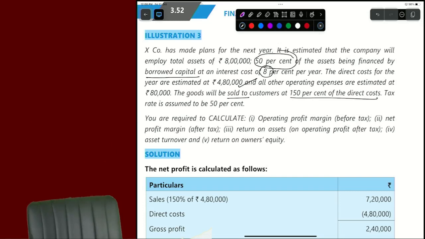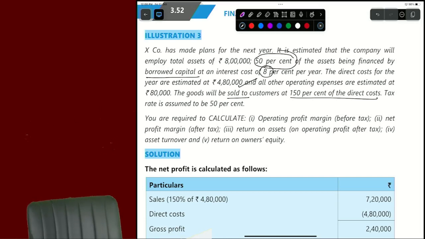Listening or not? Clearly he is asking in the question here, operating profit after tax. That means first, what is the amount in hand? EBIT. From that, who will take tax? Balance is available to debt and equity.